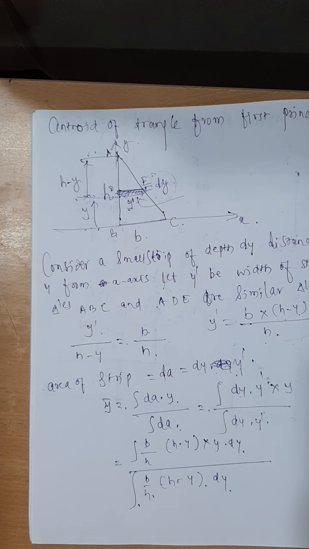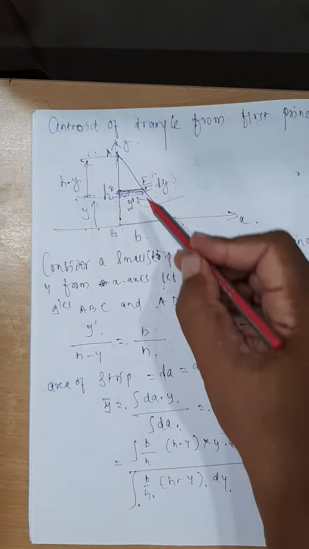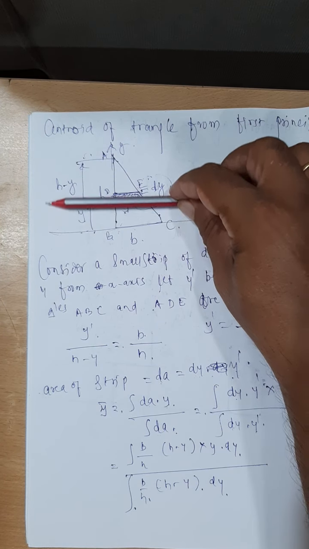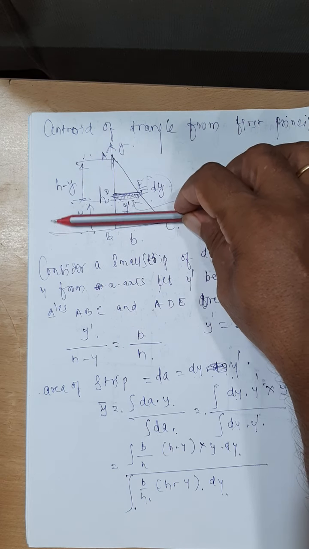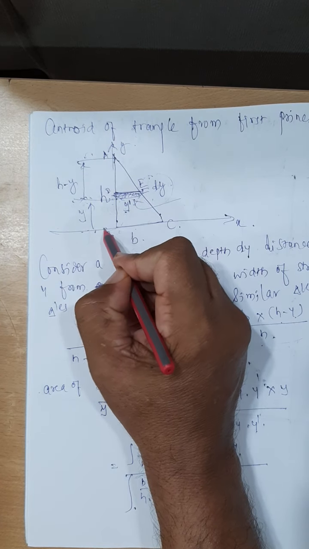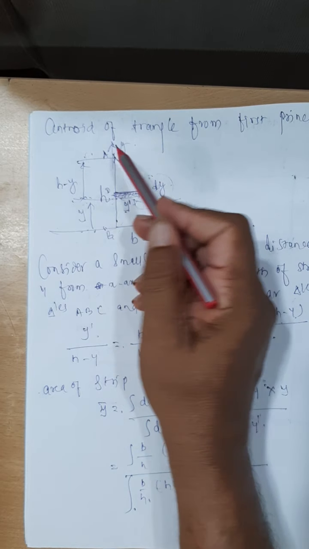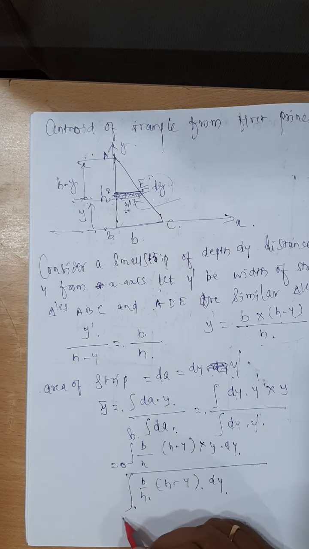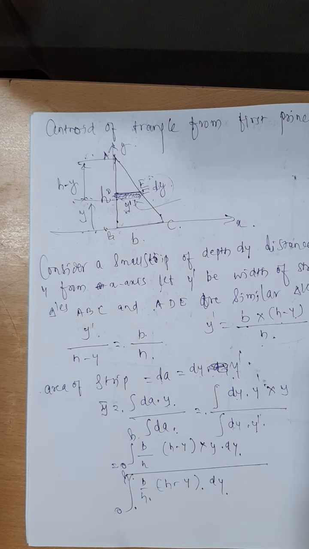For the limits, when the strip moves from the bottom to the top, the value of y changes from y equal to 0 to y equal to h, so the integral is from 0 to h.